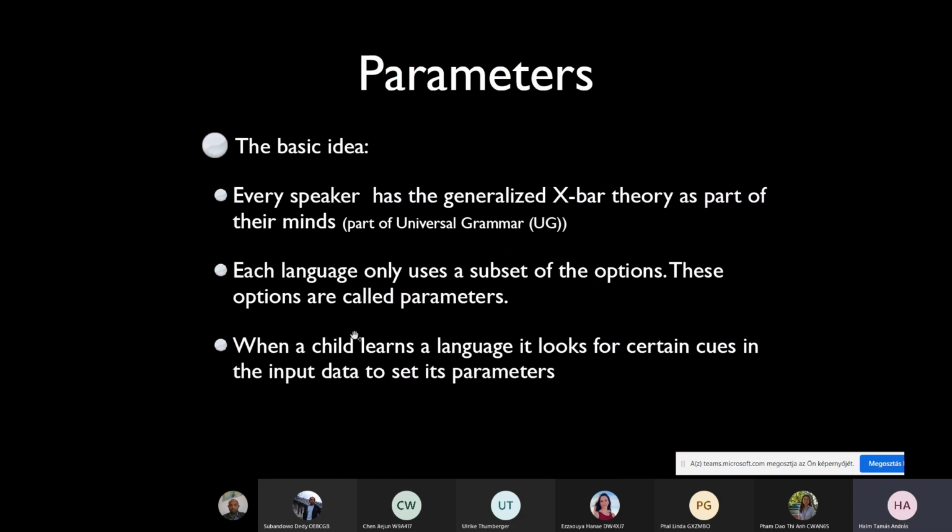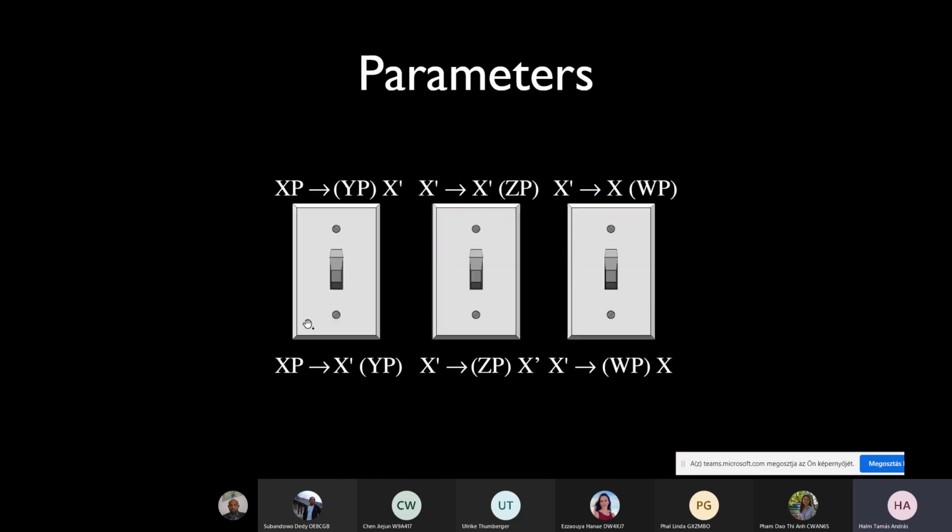And when a child learns a language, she or he sort of listens to what kind of sentences she or he hears and sort of sets these parameters. Okay, so for example, this is a switch. This is a metaphor. So looking at the specifier, it's either the case that the specifier is to the left of X-bar or to the right of X-bar.